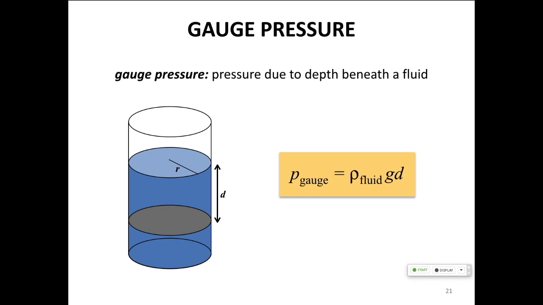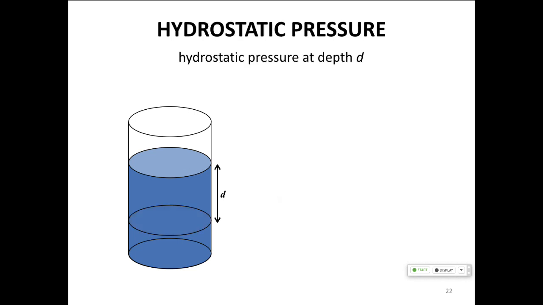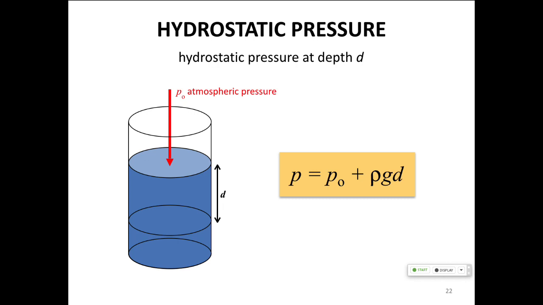Now, if you have another fluid on top of this fluid, you have to figure out what the pressure is at the interface before you can add to this to get the total pressure. But this is the general idea for any fluid. Okay? All right, so fluid density, depth. Hydrostatic pressure is just what I was saying. The pressure you start with plus the gauge pressure. Okay, so this is the total pressure at this point.